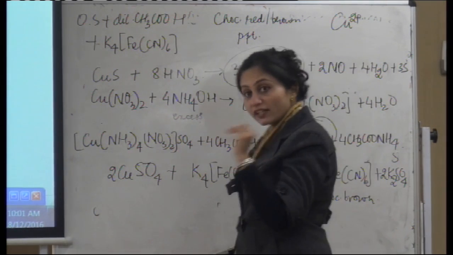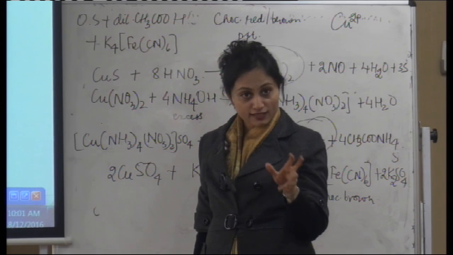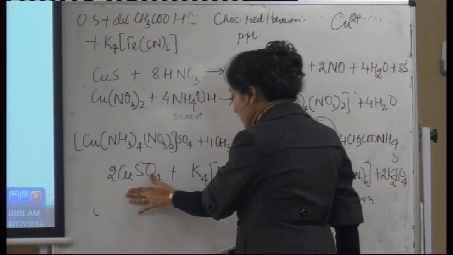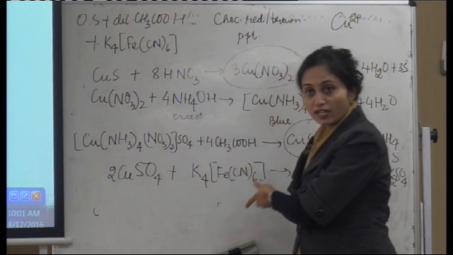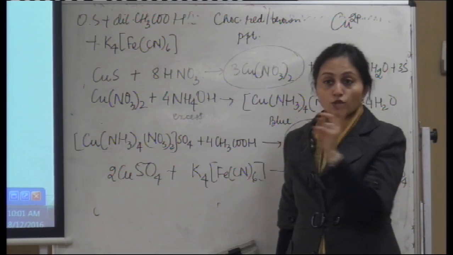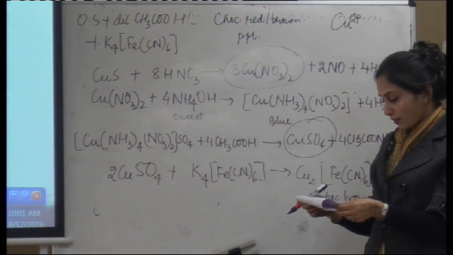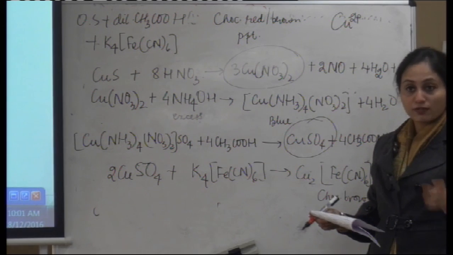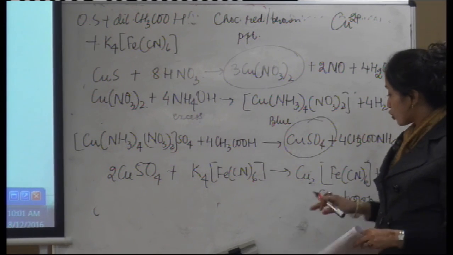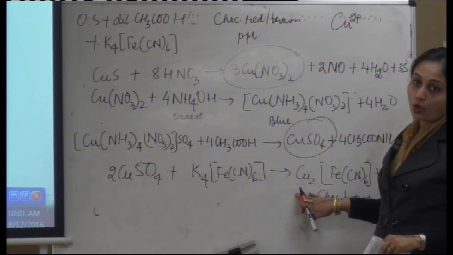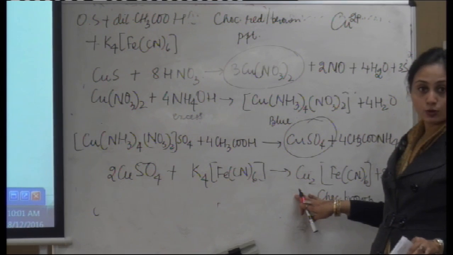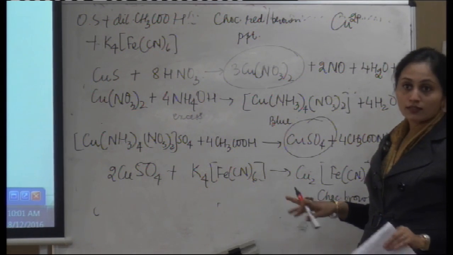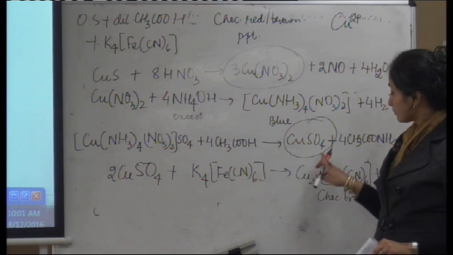Now the main reaction for the potassium ferrocyanide test is your Cu2+ interacting with potassium ferrocyanide to form copper ferrocyanide. The test is that copper ferrocyanide gives you a chocolate brown precipitate, as I told you. That chocolate brown precipitate is because of copper ferrocyanide, Cu2[Fe(CN)6], that is in the coordination sphere.